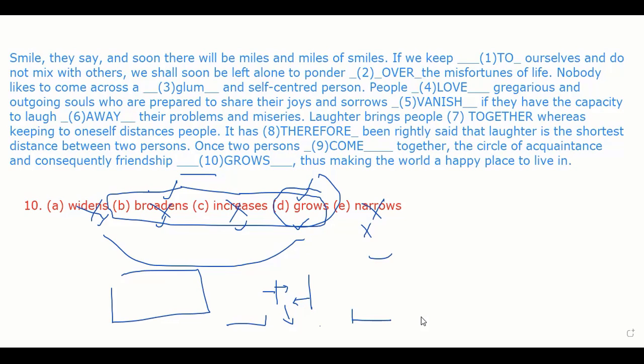People love gregarious and outgoing souls who are prepared to share their joys and sorrows, who have the capacity to laugh away their problems and miseries. Laughter brings people together, whereas keeping to oneself distances people. It has therefore been rightly said that laughter is the shortest distance between two persons. Once two persons come together, the circle of acquaintance and consequently friendship grows, thus making the world a happy place to live in. Very good, Meghna.